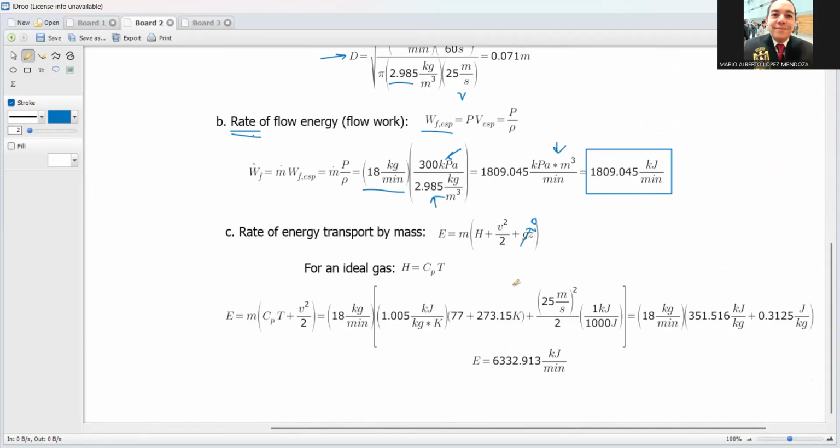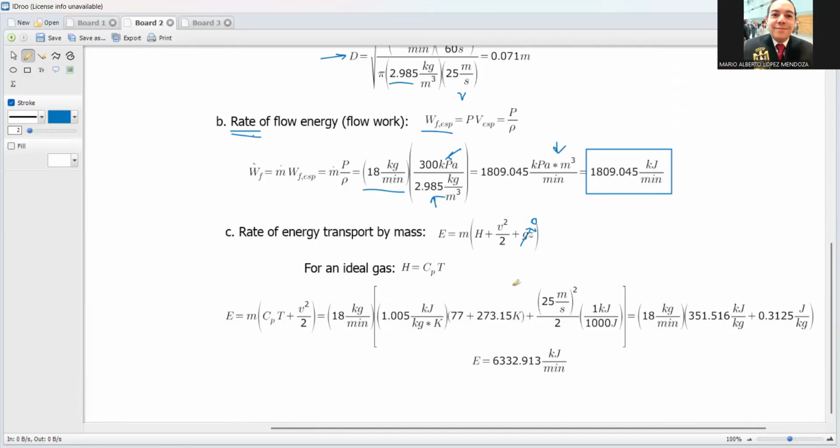In this case, we have the information about the velocity of the flow of the fluid. But we need to estimate the enthalpy. Remember that enthalpy depends on the properties of the fluid. In this case, it depends on the properties of the air, specifically its temperature and its pressure.